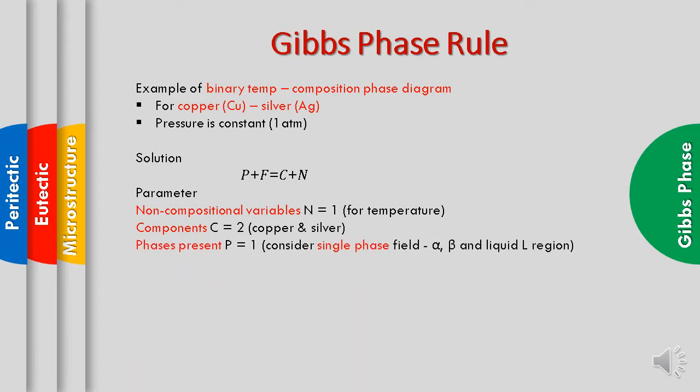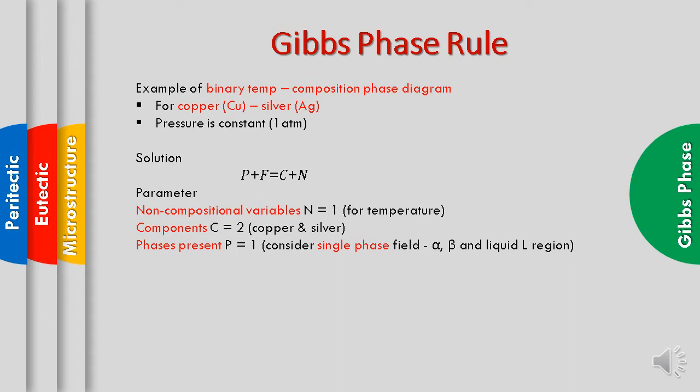And then we have phases present, whereby P is equal to 1, which is considered a single phase field, including the alpha, beta, and liquid L regions. So it will indicate only a single phase field. So P is equal to 1.